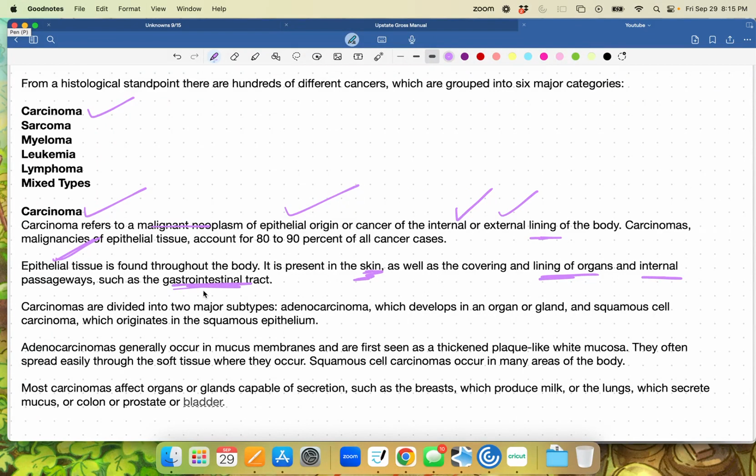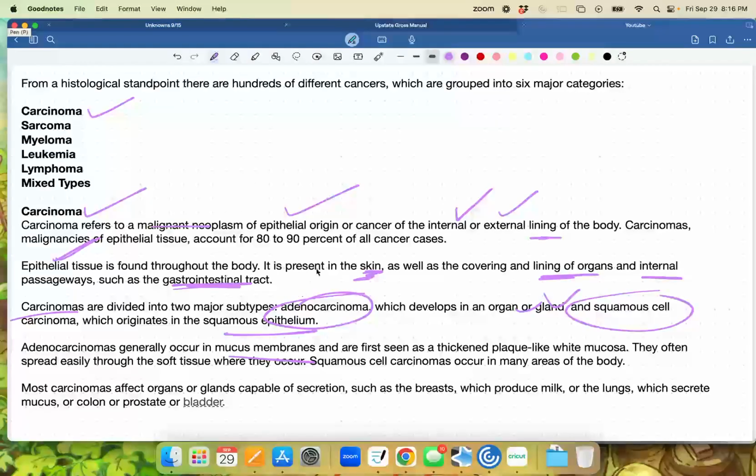And then carcinomas are going to be divided into two major subcategories. So this is going to be adenocarcinoma, which is associated with glandular structures and organs, and also squamous cell carcinoma, which is going to be involving the squamous epithelium. Adenocarcinomas are oftentimes associated with mucous membranes, and squamous cell carcinomas can occur in many parts of the body.